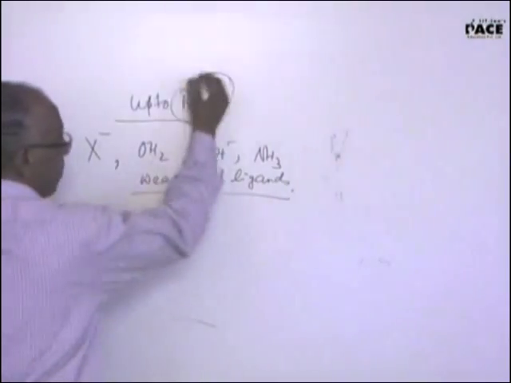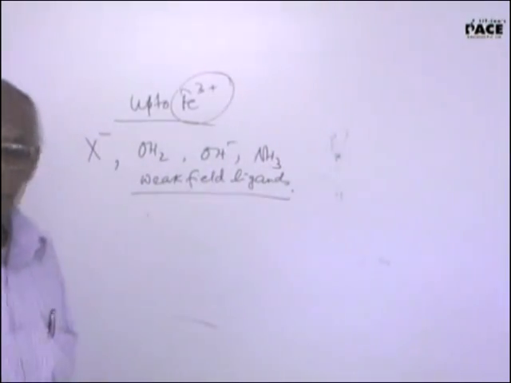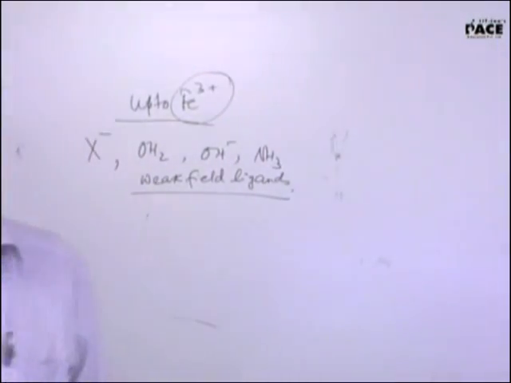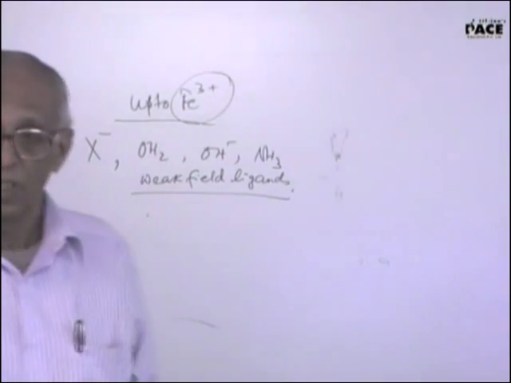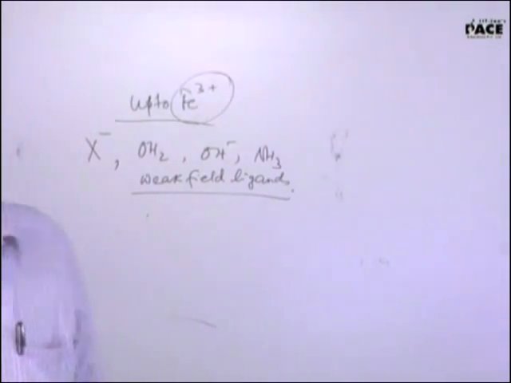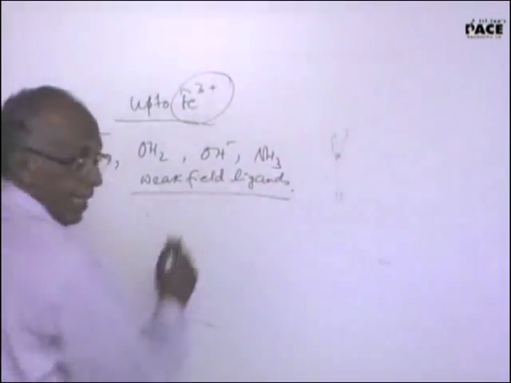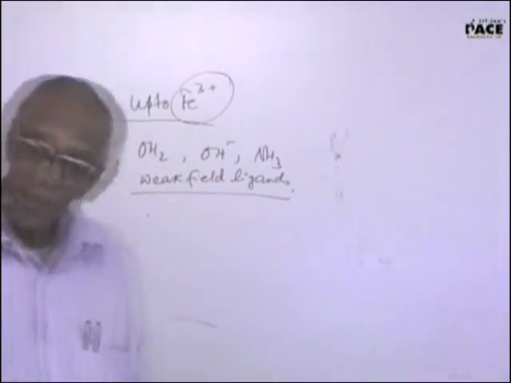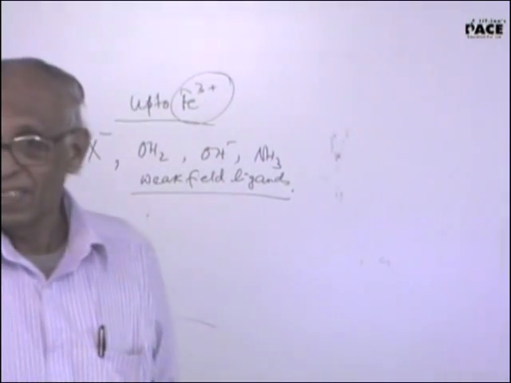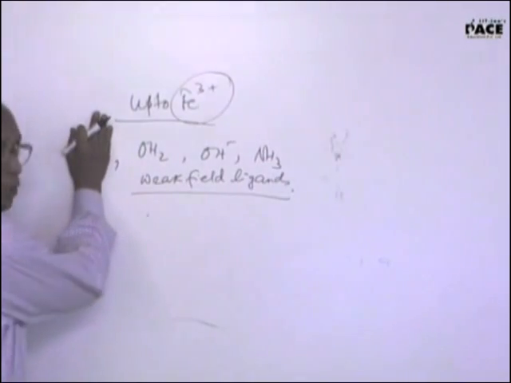Up to iron 3 plus, remember, if the oxidation state of the metal is less than 3, like nickel 2 plus, cobalt 2 plus, then all these will be weak field ligands. But for cobalt 3, except this, all are strong field ligands.